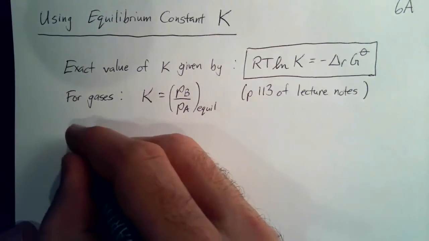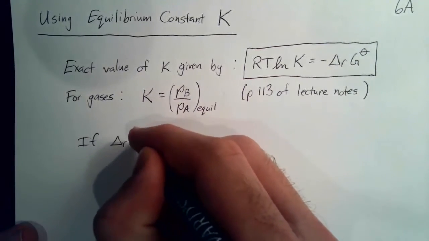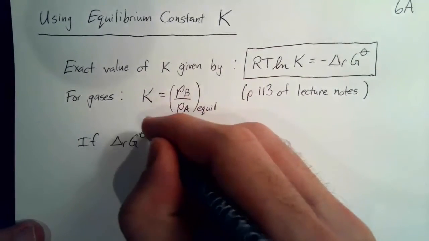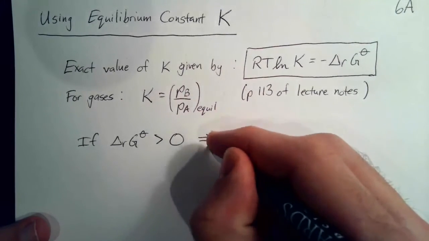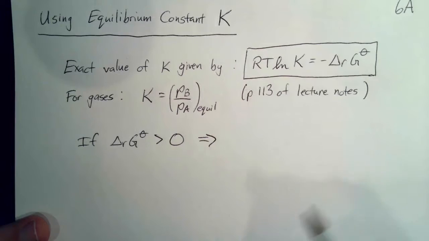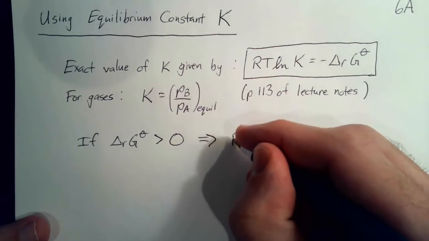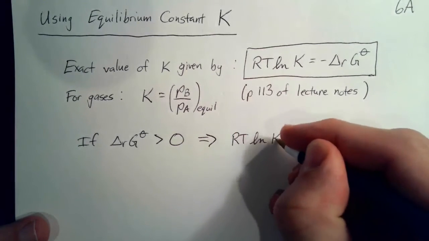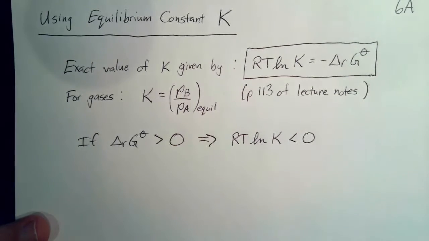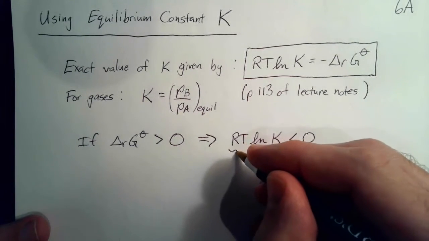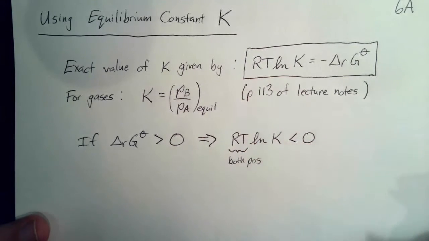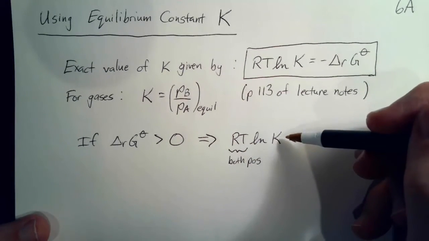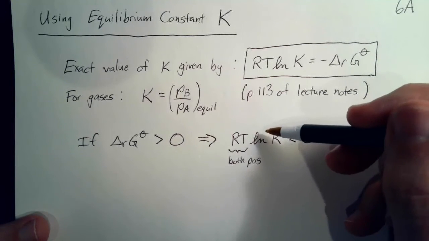First of all, if this reaction Gibbs energy is positive, since there's a minus sign, that means the left-hand side must be negative. So RT ln K must be negative. However, R and T are both positive, always. Therefore, the ln K is the only part that can make it negative.